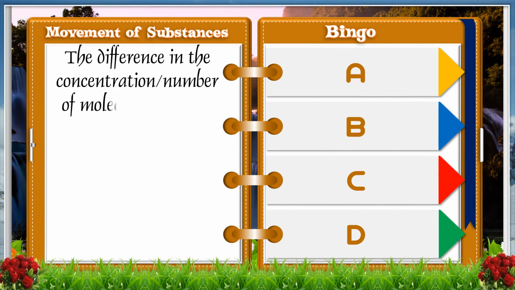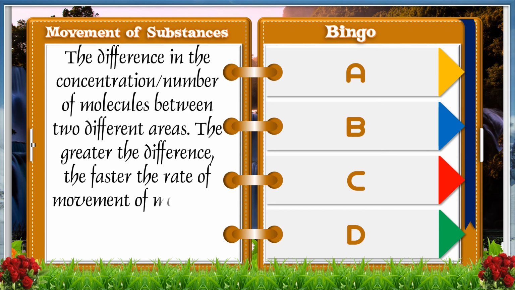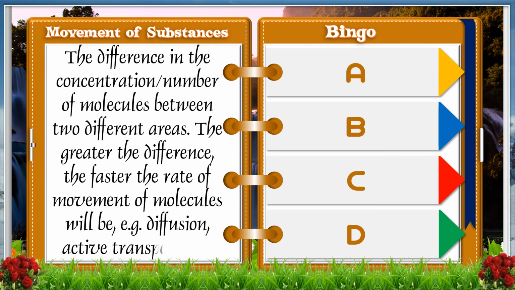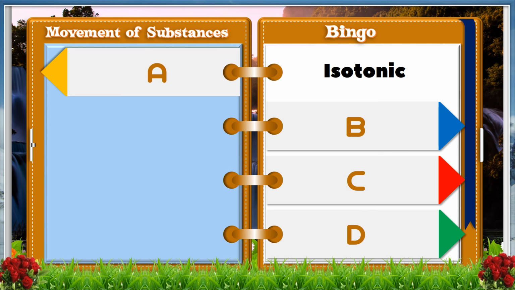The difference in the concentration or number of molecules between two different areas. The greater the difference, the faster the rate of movement of molecules will be. For example, diffusion, active transport, etc. A. Isotonic.